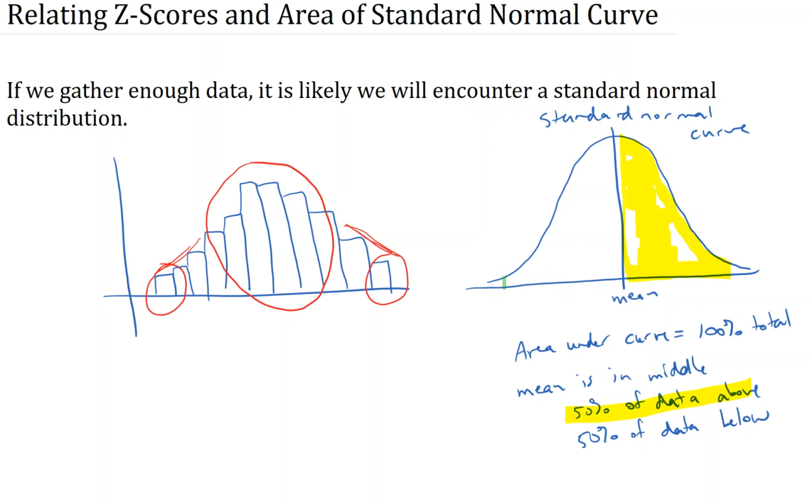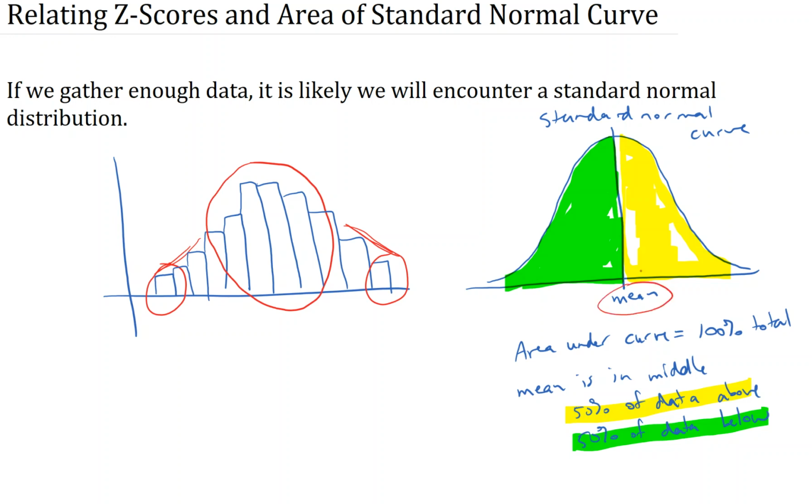And the area below the mean is also 50%.